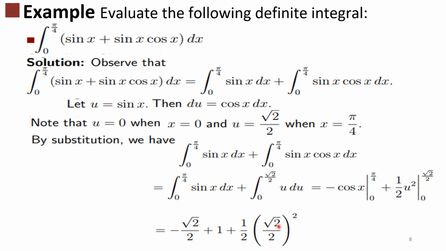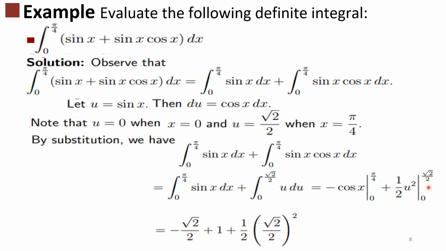So you have 1/2 times square root of 2 over 2, squared. When we square that, the square root of 2 squared becomes 2, which cancels the 2, and the 2 squared in the denominator becomes 4.